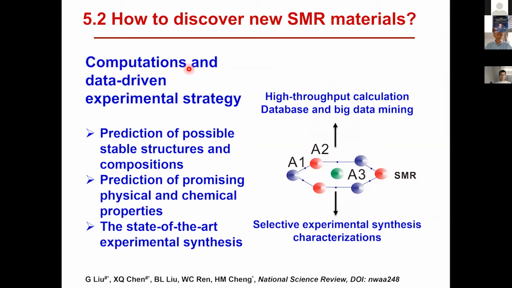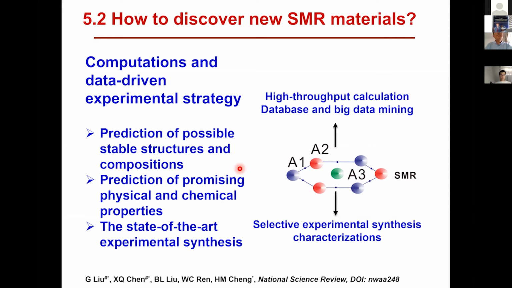combining computation and data-driven experimental strategy. So, as I show you, the six-member ring material can consist of 3 types of atoms.